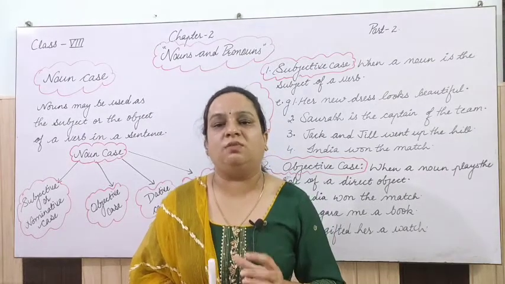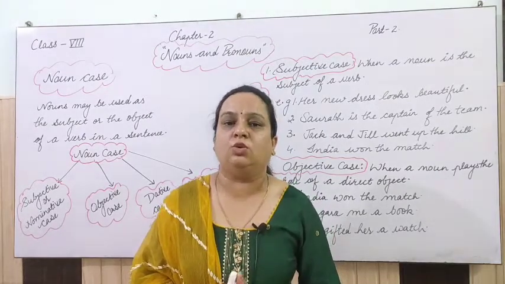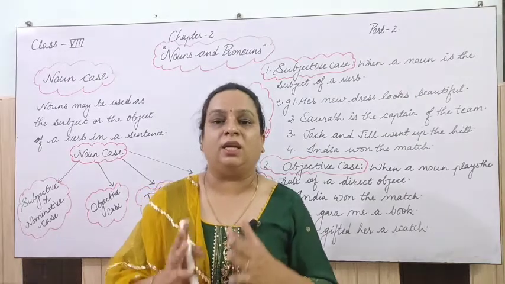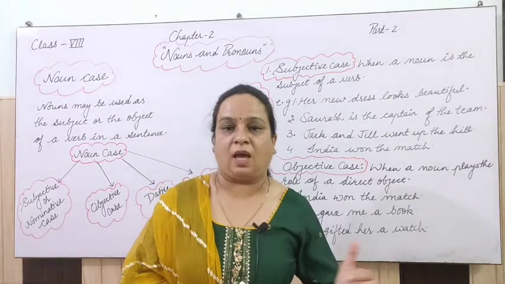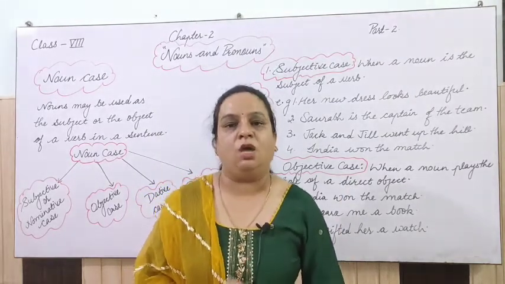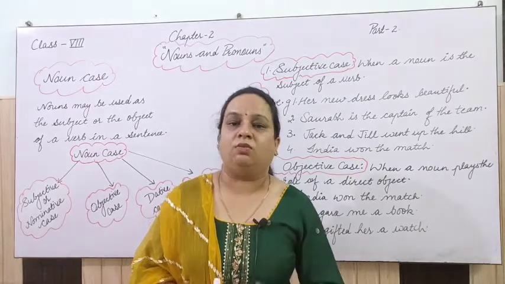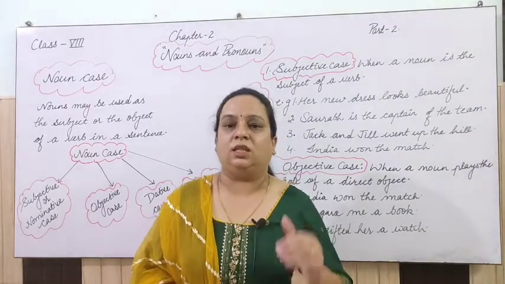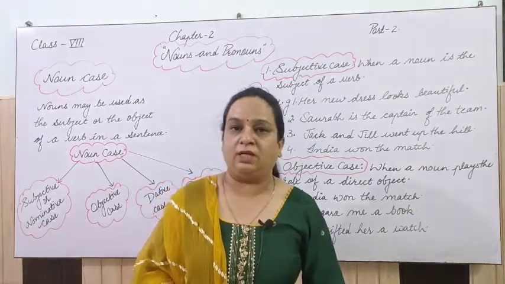The receiver who is getting something is also known as an indirect object. I gave examples in that video. If you have missed that video, please watch it once again. You will find it in the video section.